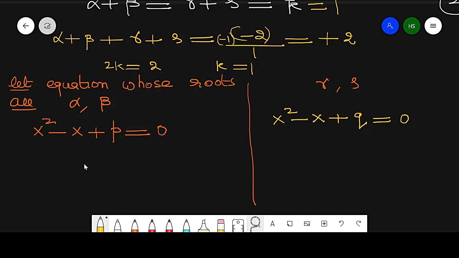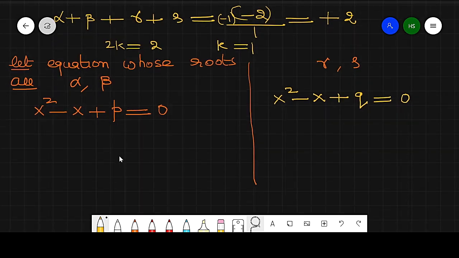Now the given equation, what is the given equation? So the given equation x^4 minus 2x cube minus 21x square plus 22x plus 40 can be written in terms of its roots.